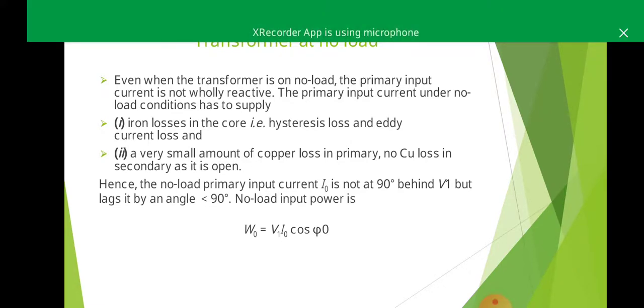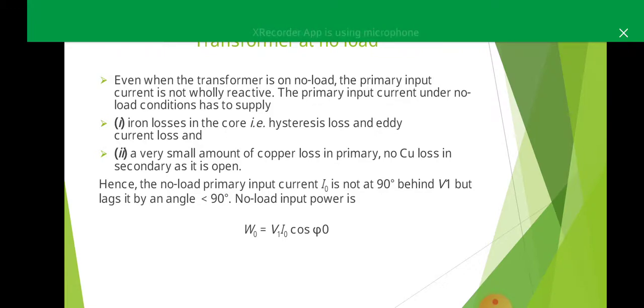The primary input current under no load condition has to supply iron losses in the core, that is hysteresis losses and eddy current losses, and a very small amount of copper losses in the primary, with no copper losses in the secondary as it is open.